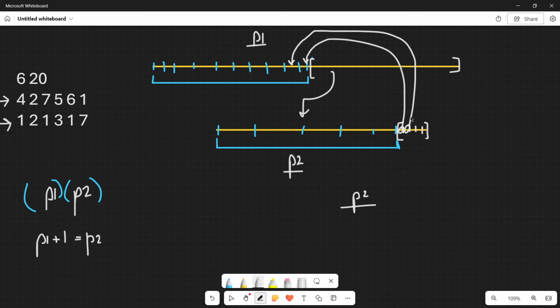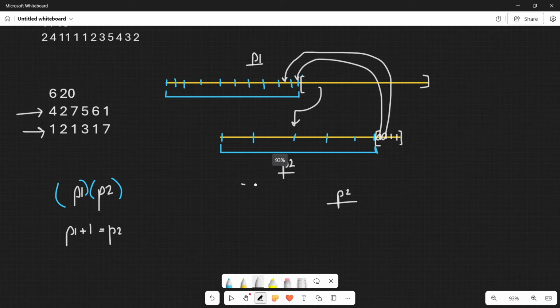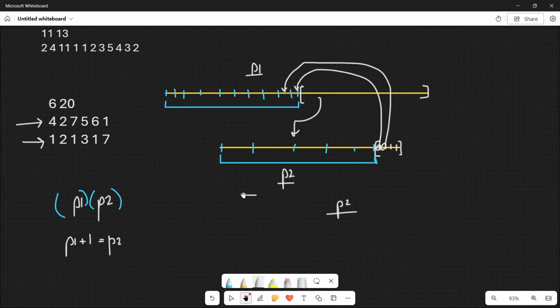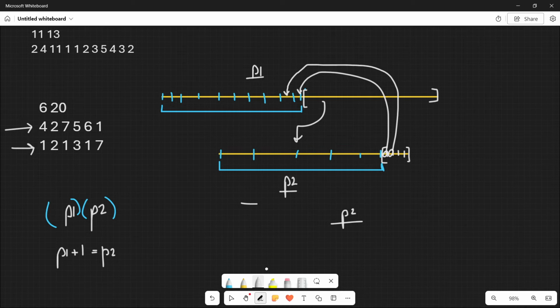By merging this single petal in this flower, it would become P2, and then my number of petals would be increased. And what I have to do is increase the number of petals. So this is the only available approach by which you can solve this problem. This is the general overview.